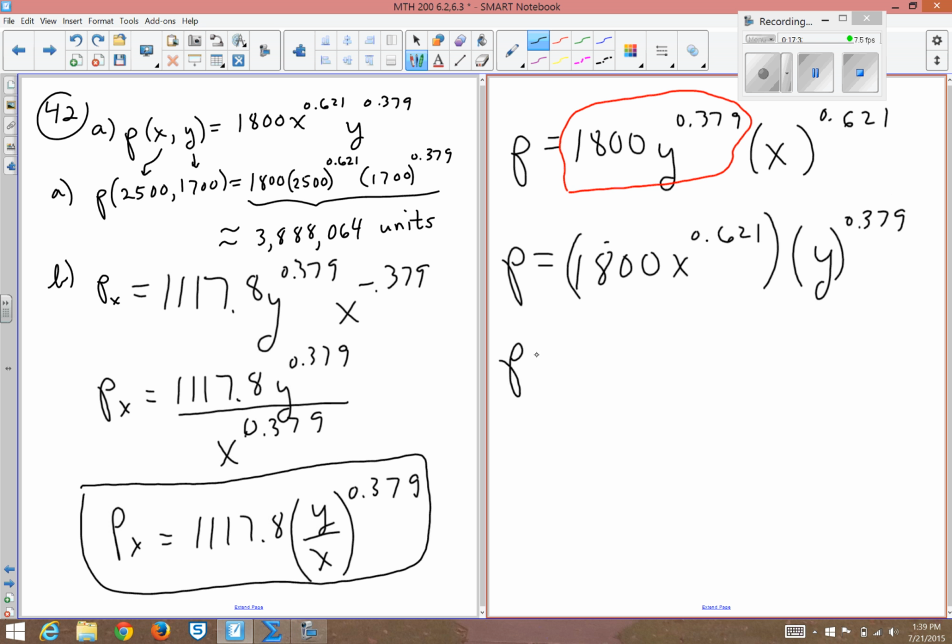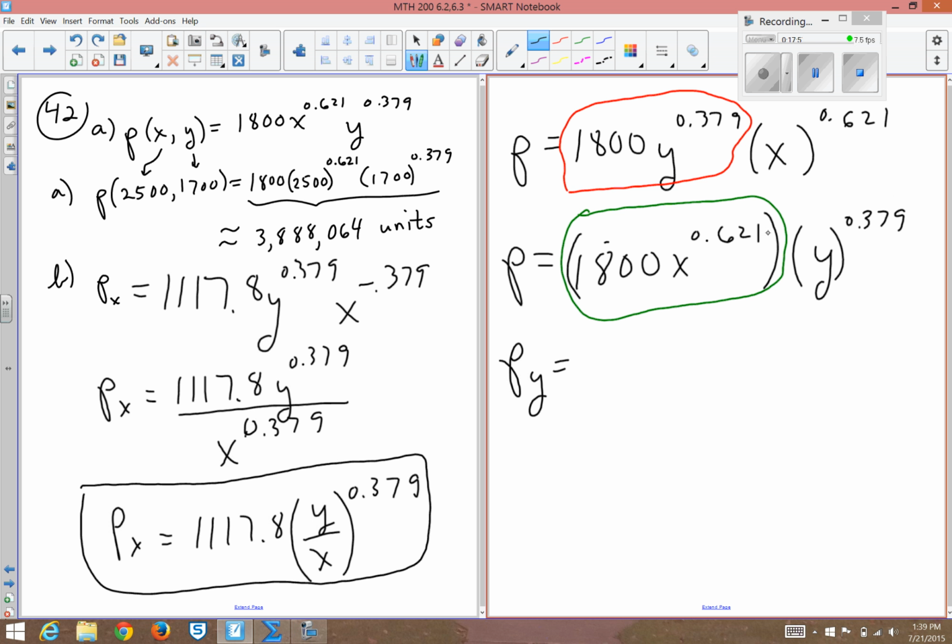Partial derivative with respect to y means we're going to pretend this in the green is a constant. X is a constant. The derivative, pretending x is a constant, is the exponent up here, 0.379, times this number in the green, times y raised to this exponent minus 1.